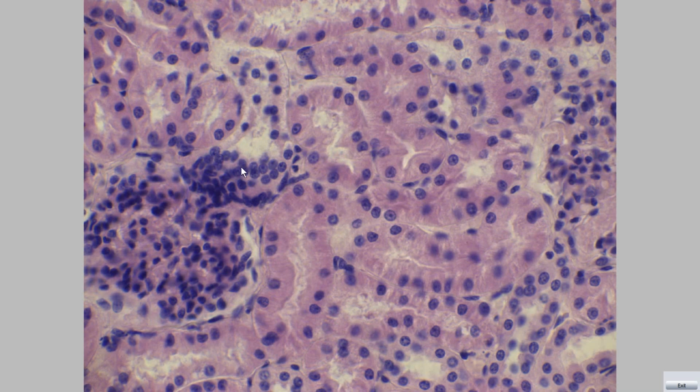Adjacent to the macula densa, tunica media of afferent arteriole is also modified, forming juxtaglomerular granular cells called JG cells.